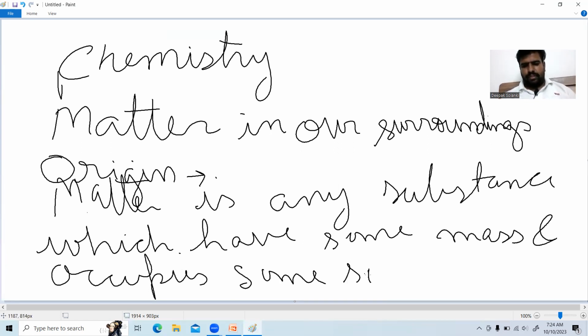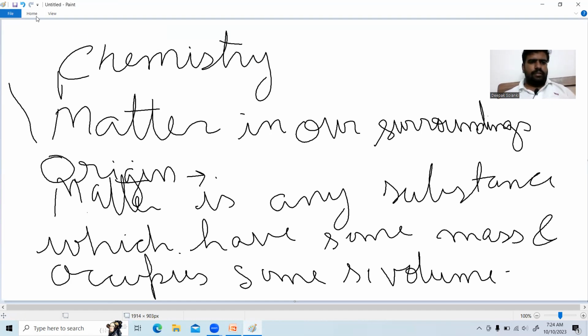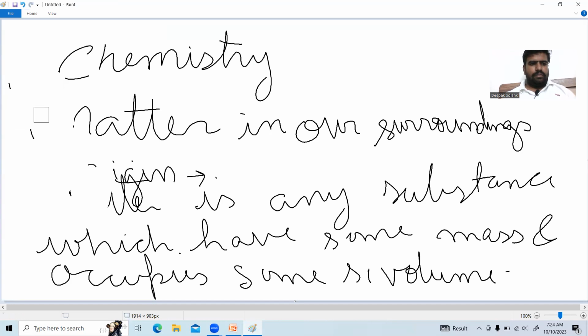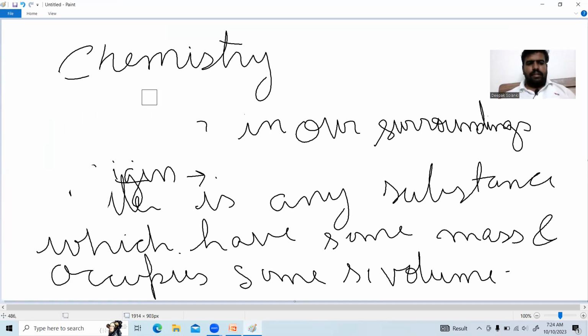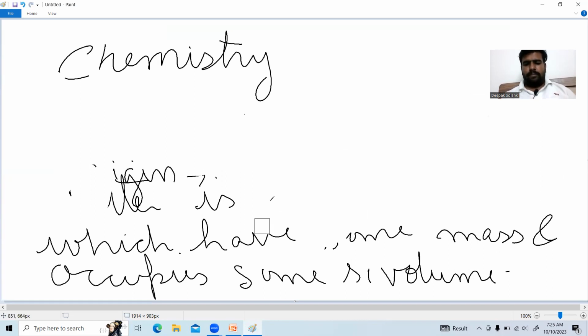Some volume it should occupy. Talking about matter, anything that we see around us, a table, a chair, which occupies some space, has some volume and some mass, all of that is matter.